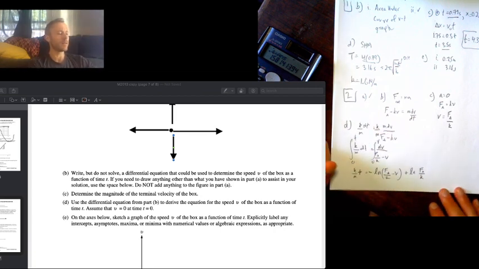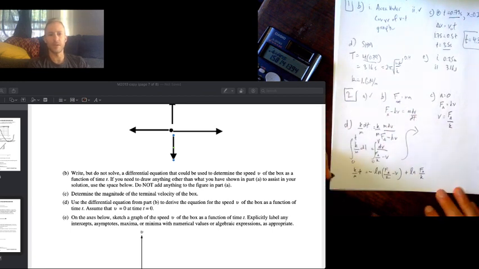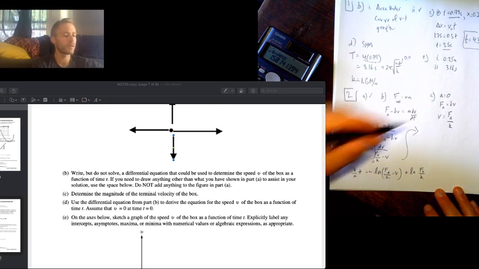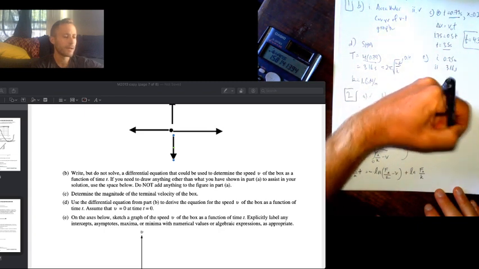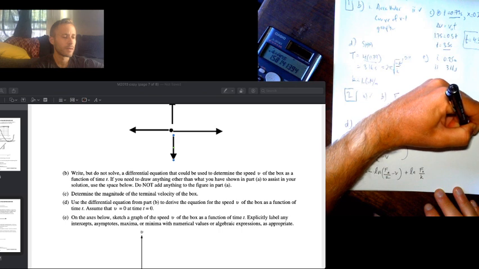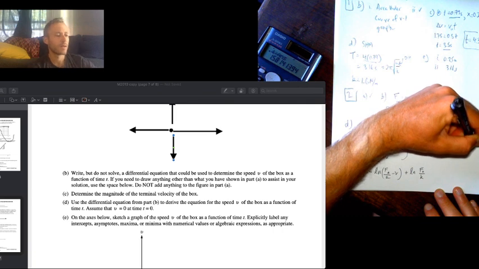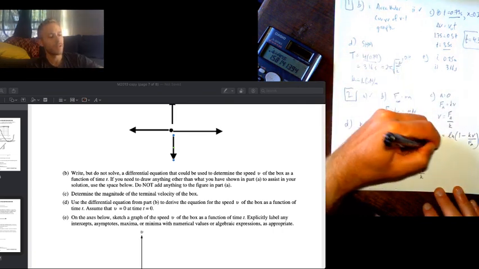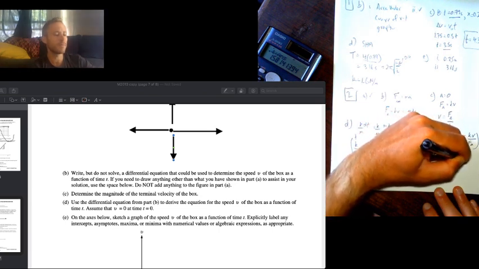So we just solve it. We've done this a lot of times by now. Minus k over m times t equals natural log of 1 minus kv over F_A. e to the minus kt over m equals 1 minus k over F_A times v.